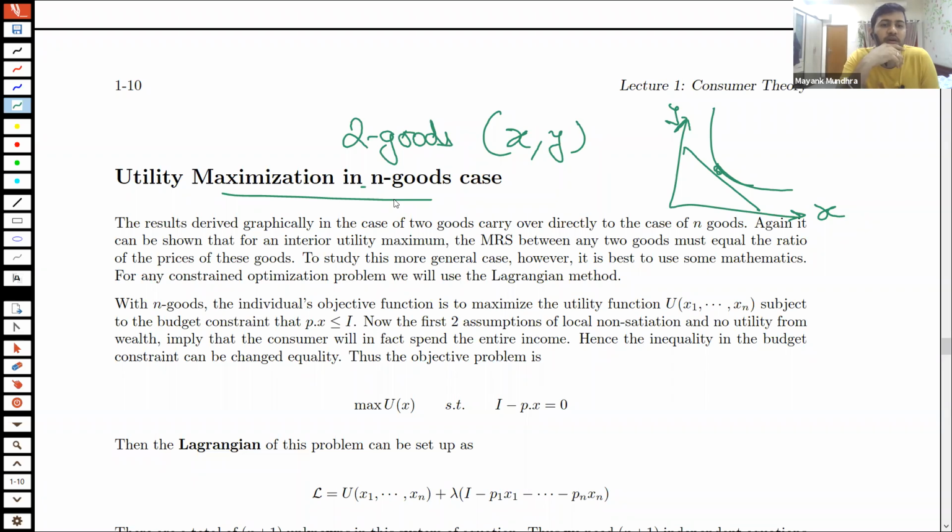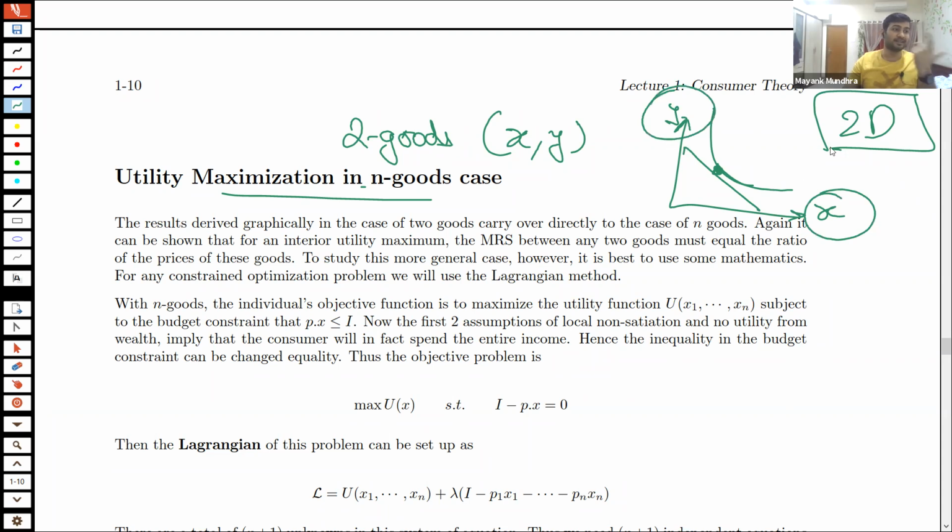If the number of goods is greater than 2, we cannot use this graphical representation, because a graph is drawn on a paper or a screen, and the screen is 2-dimensional, so you can have only 2 axes, X and Y.